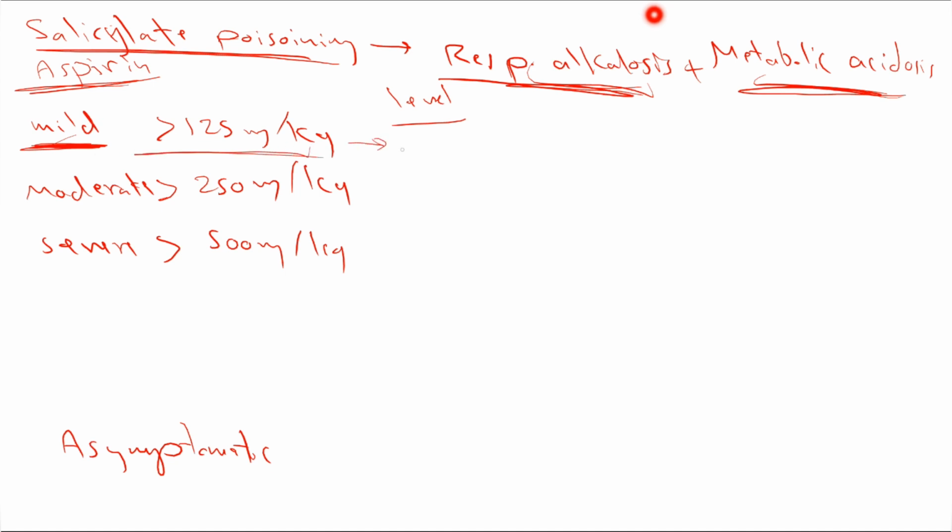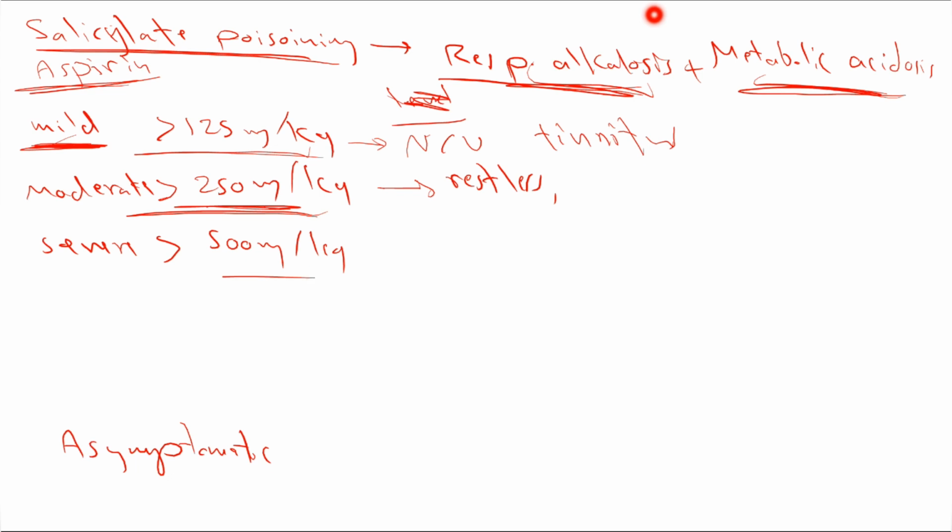Usually there will be some nausea, vomiting, tinnitus, deafness, lethargy. But if more than 250 milligram per kg has been taken, the patient will be restless, and there will also be a bounding pulse.